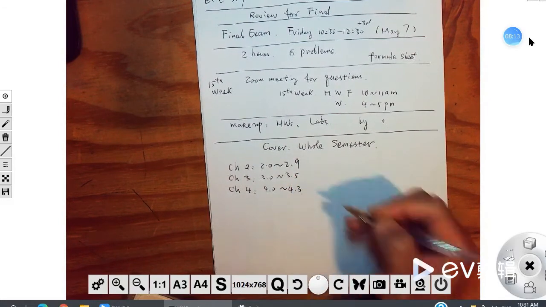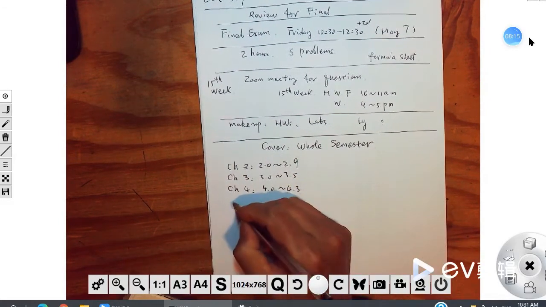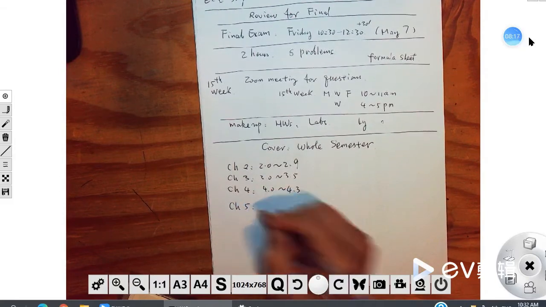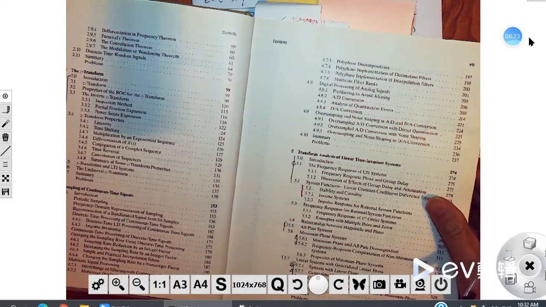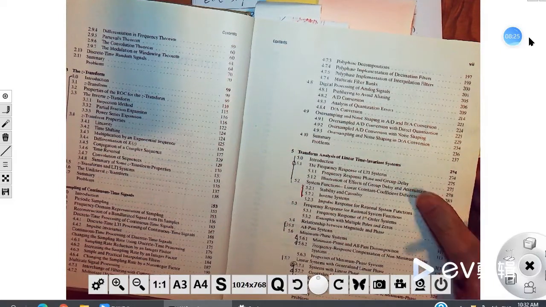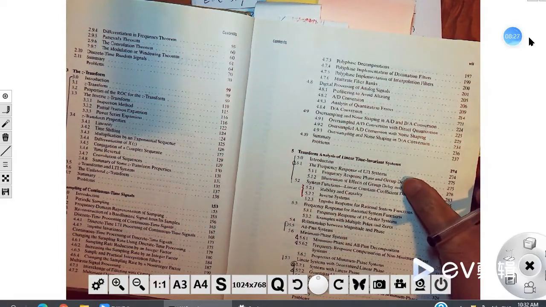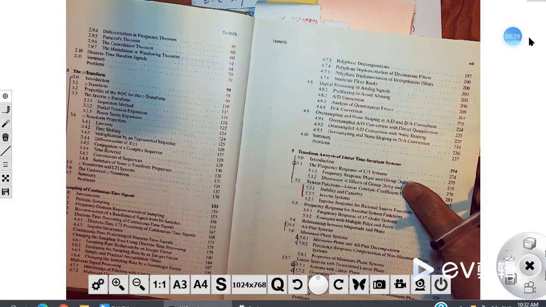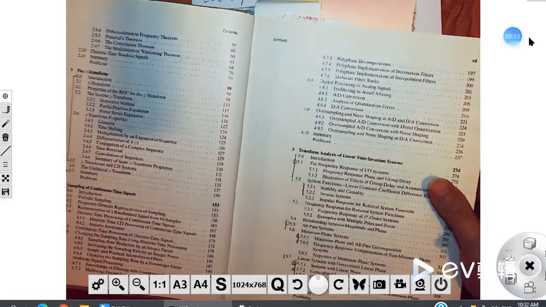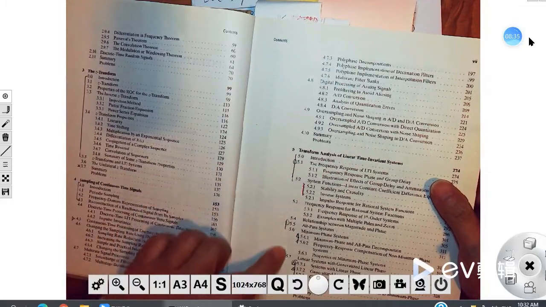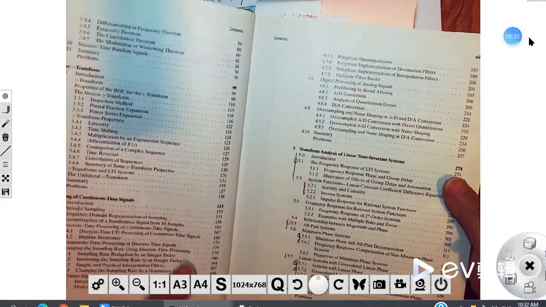This is chapter 4, and then chapter 5. Chapter 6 is the structure; chapter 5 is for the system, some transform analysis of systems. Here we go over some of it, not all of it.